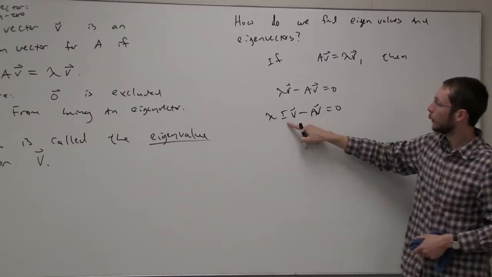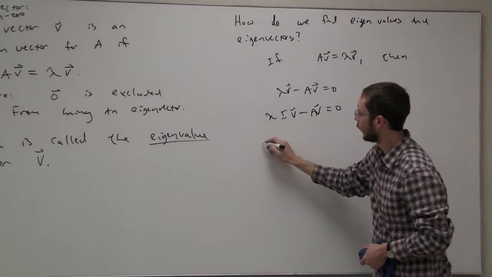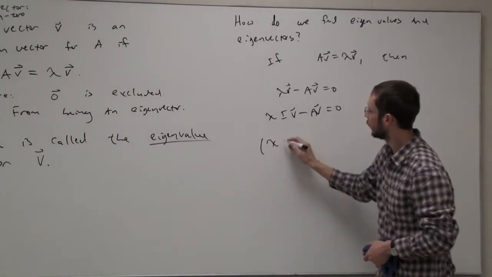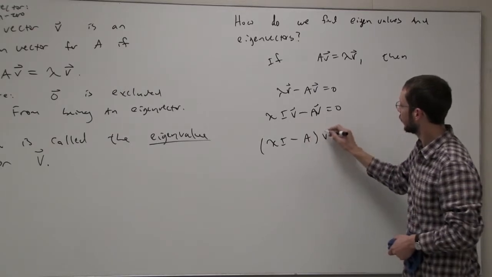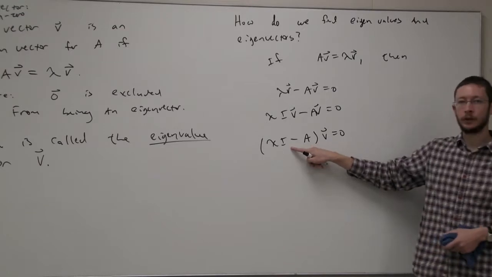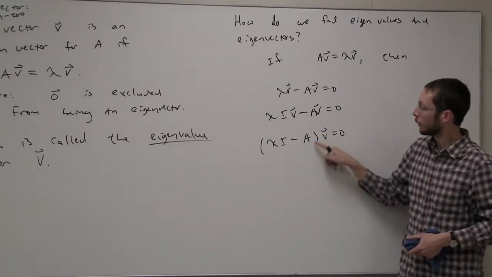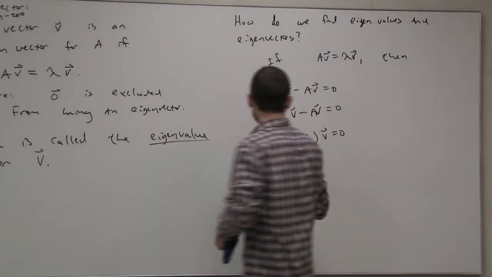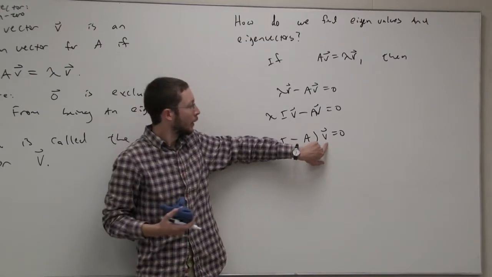And after we rewrite it in that way, now we can factor out that V in a sensible way. Factoring out this V, we get this matrix equation here. And you'll notice that V is certainly a non-zero vector.